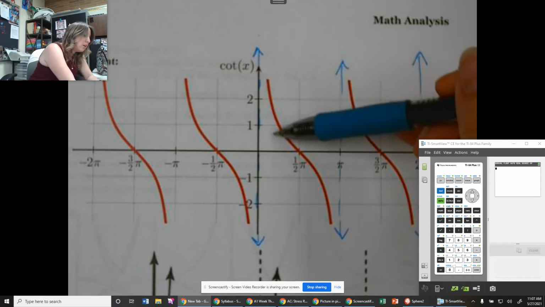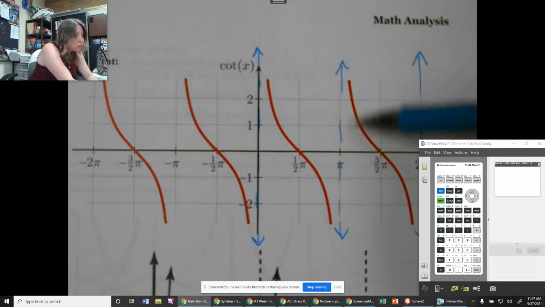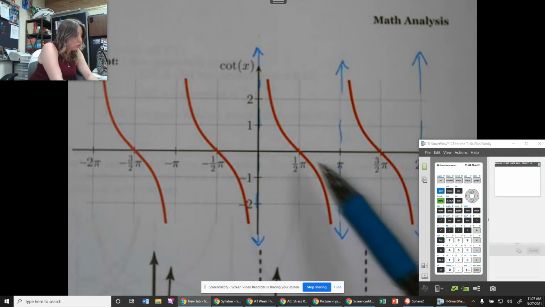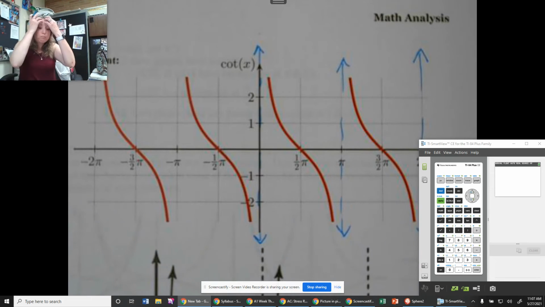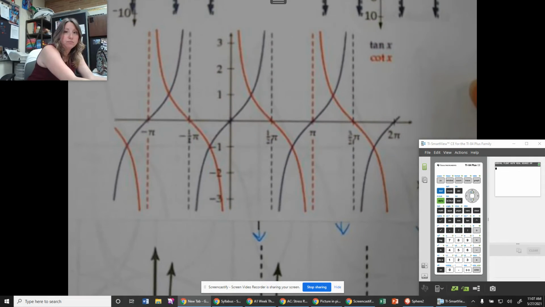It starts with the 1 and then heads down to the -1, gets your zeros in the middle. So it's just a little bit different from tangent as far as the asymptote and then the direction. So when you're trying to identify it, that's what that difference is, and you can see it right here.